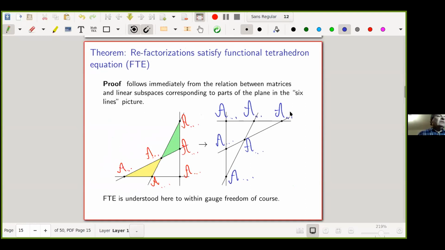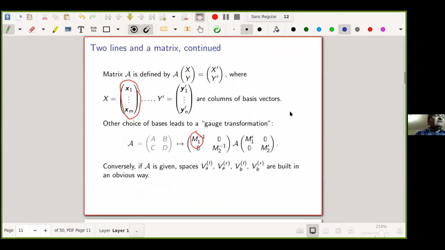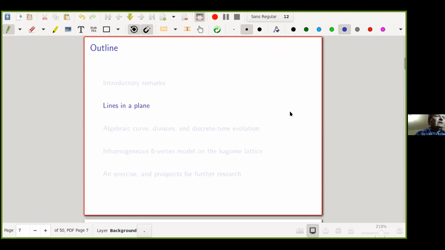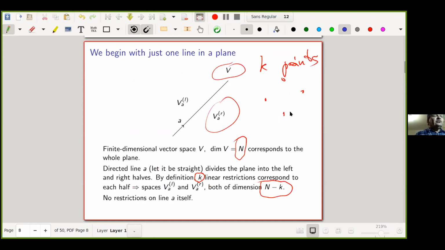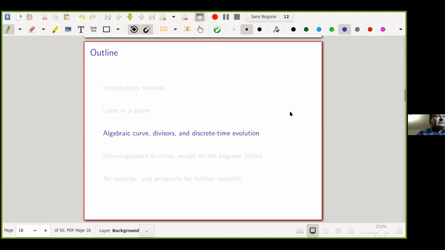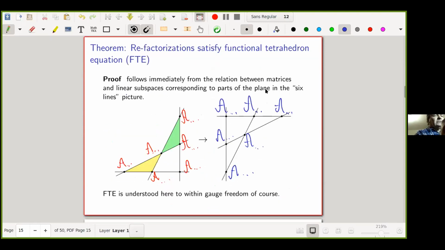Just because of what I was saying about those pictures where you have lines in a plane, and to each line correspond some linear restrictions. On the right hand side, they do not depend on the way in which you obtained this right hand side from this left hand side.